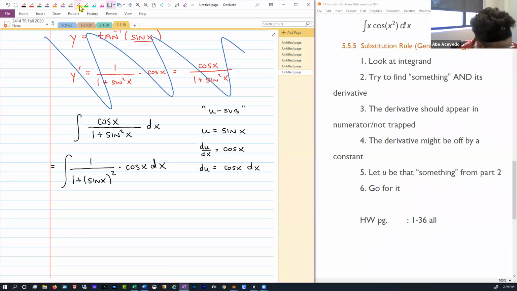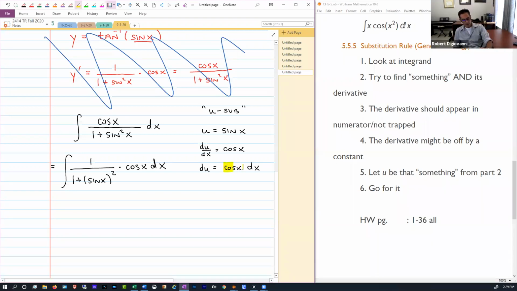And now I'm going to start to play a little game. Do y'all see that this cosine x dx matches up exactly here? So what could I replace everything in yellow with? du. And then I can replace this sine x with what? u.